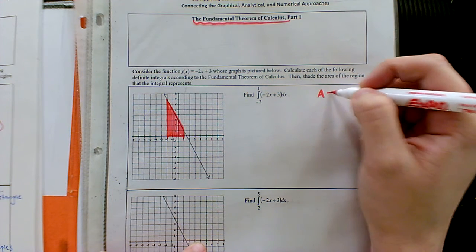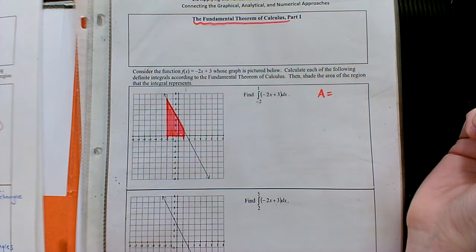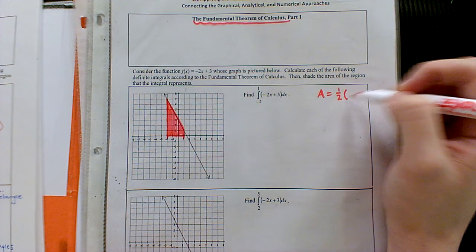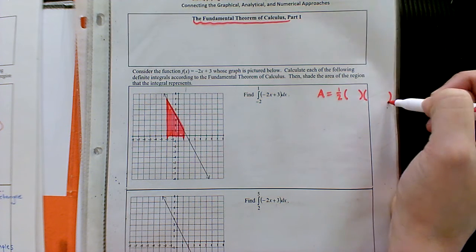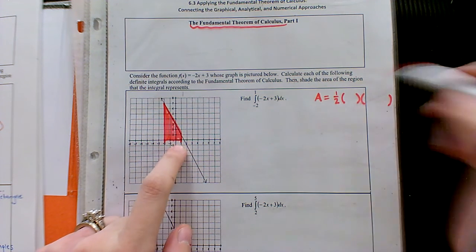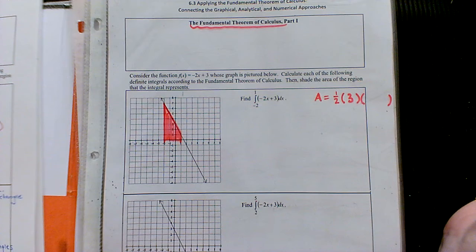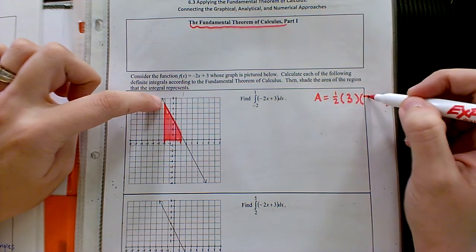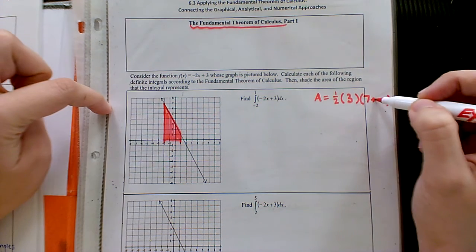Do we remember our formula for a trapezoid, our area? 1/2 height b1 plus b2. Okay, so our height is x-axis, so it's 3 units. And then our bases, looks like we have 7 and 1.